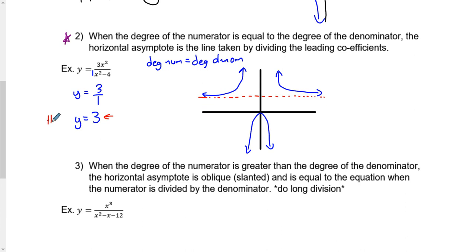That will be what our horizontal asymptote is. Of course, at the same time, we know what our vertical asymptotes are, because we just have to find out where our denominator equals 0, and our denominator would factor into x plus 2 and x minus 2. That's why we have vertical asymptotes of -2 and +2. And you could actually graph those on your graphing calculator as well.